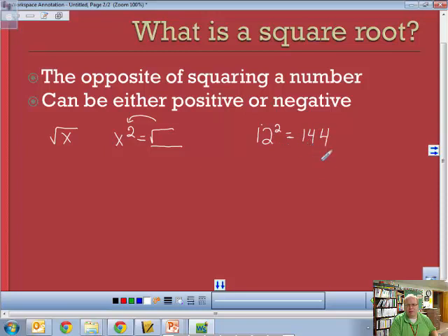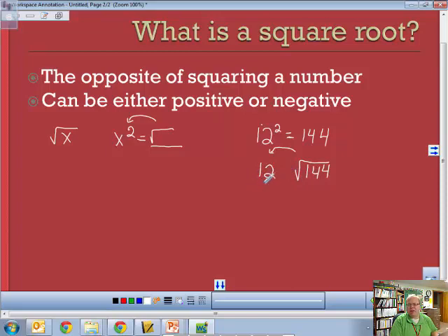Make sense? Now, if I want to know what the square root of 144 is, I'm going backwards. Think to yourself, what two numbers, when I multiply them together, have to be identical, got me to 144? Well, that would be 12.